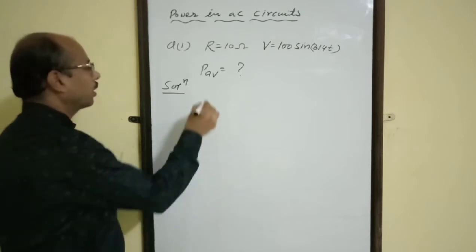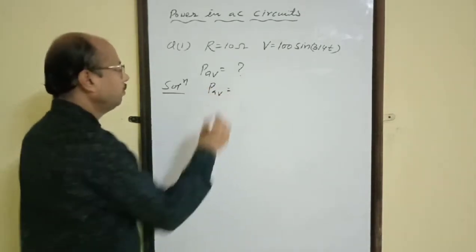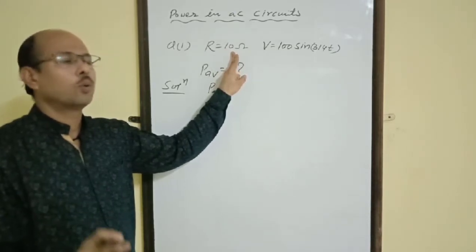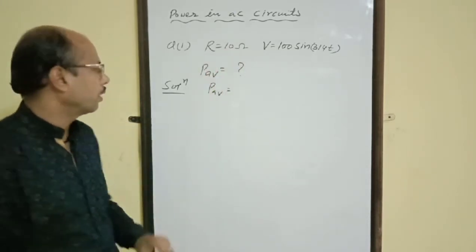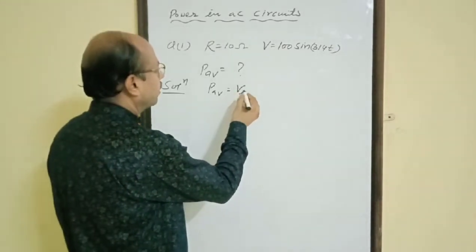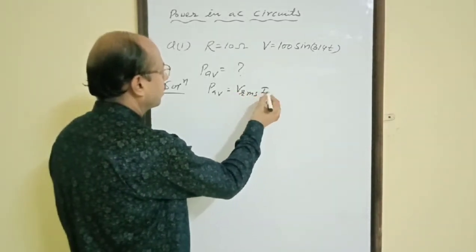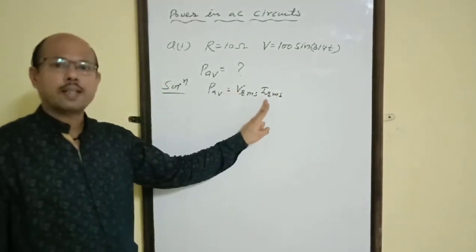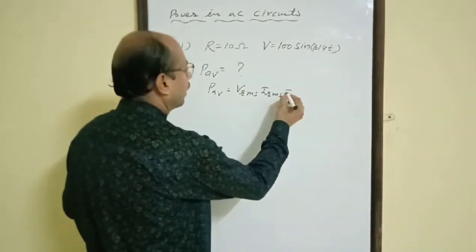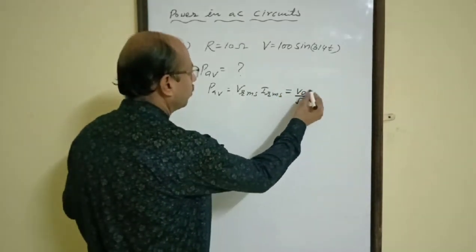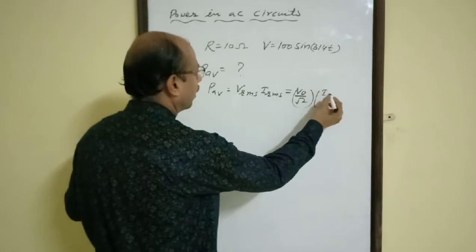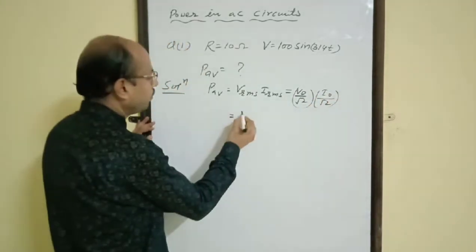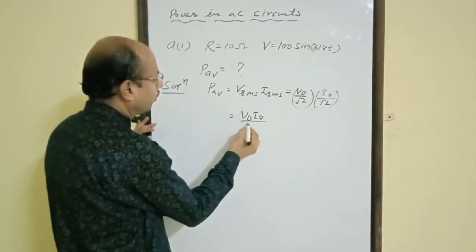We know that for a resistor, phi is 0. Therefore, cos phi will be 1, and hence P average can be written as Vrms Irms. We can write V naught by root 2 and I naught by root 2, so we get V naught I naught by 2.